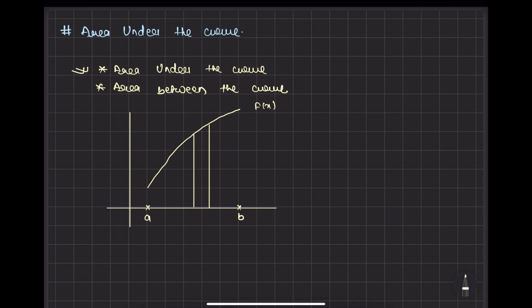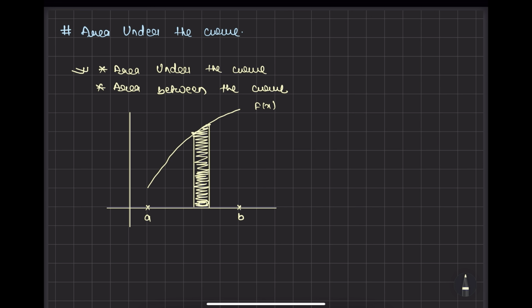It is so close that the two sides are equal, so it will appear like a rectangle, and then you have to apply the limit.